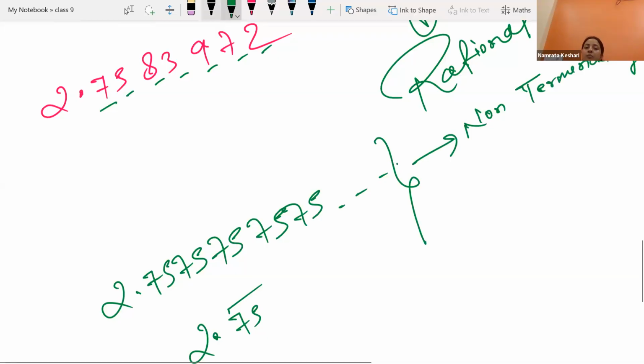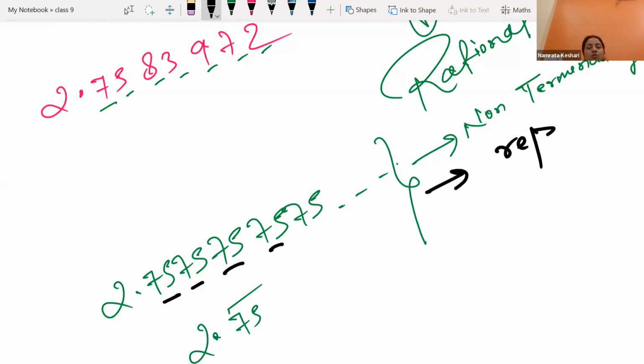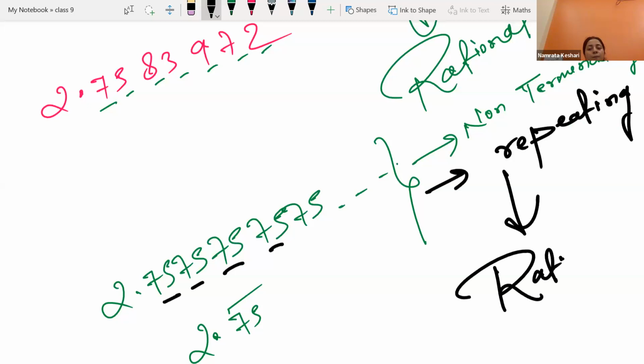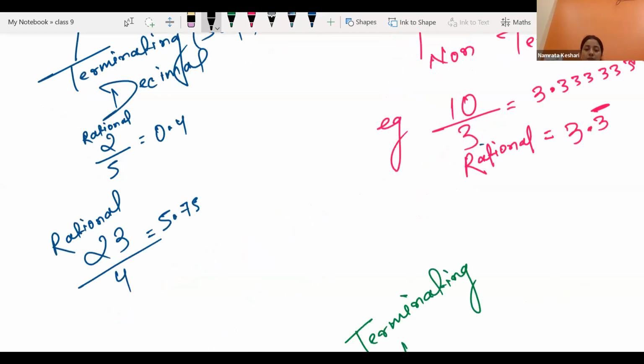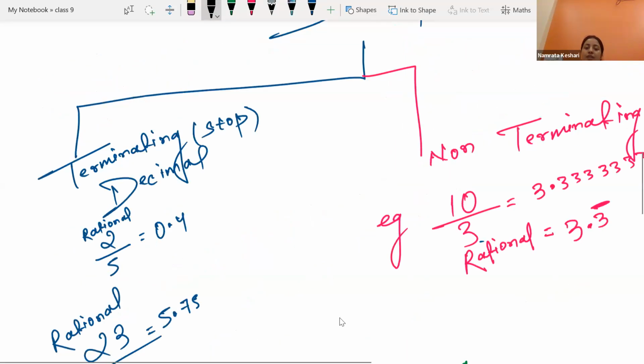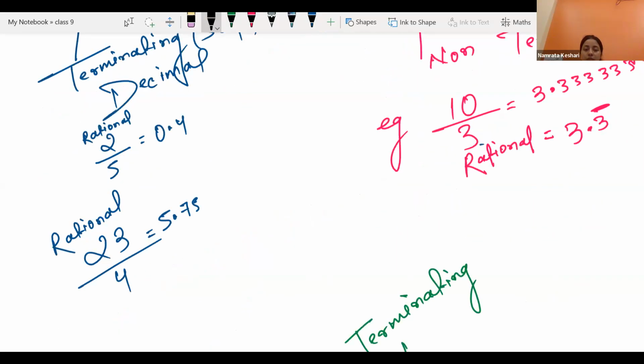You can see a beautiful repetition, 7575757, 2 digits, 7 and 5, repeating itself. So this is falling in the category of non-terminating repeating, which we also call a recurring decimal, and this is also rational. Is it clear so far? Yes, ma'am. Now which is not rational, I am coming to that part as well. So when you will be having an example, just a moment.